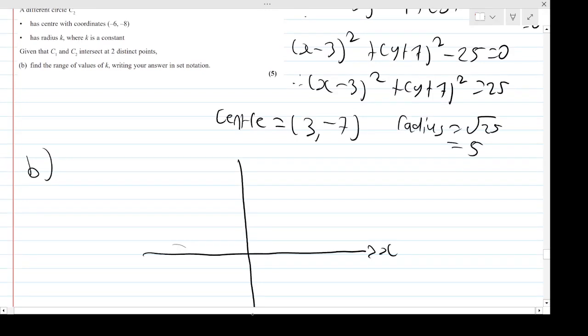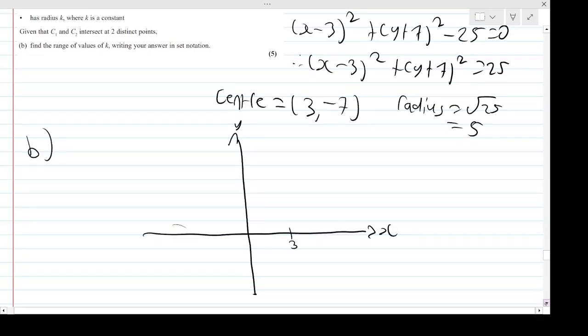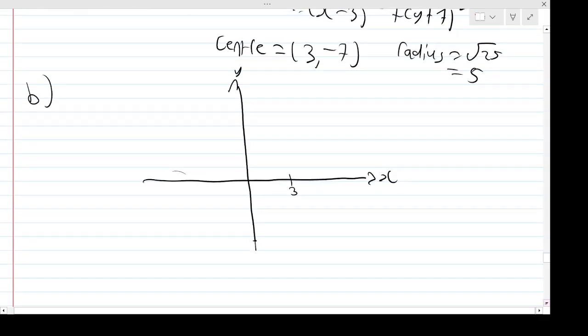There we are. But first, let's draw this circle C1. So the centre is at 3, minus 7. So 3 is there, and minus 7 would be, if we continue this on down here, probably about there somewhere. Cool. And again, it has a radius of 5, so firstly we go up by 5.